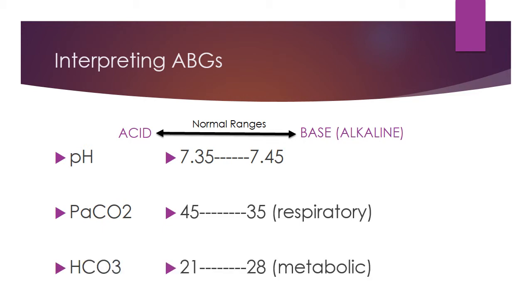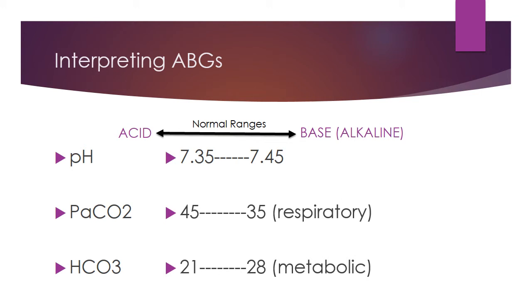Then you review your bicarbonate, 21 being at the acid end of the line and 28 being at the base end of the line. If both the partial pressure carbon dioxide and the bicarbonate are abnormal, that means there is an indication of compensation. You want to also remember that partial pressure carbon dioxide represents the respiratory and bicarbonate represents metabolic.